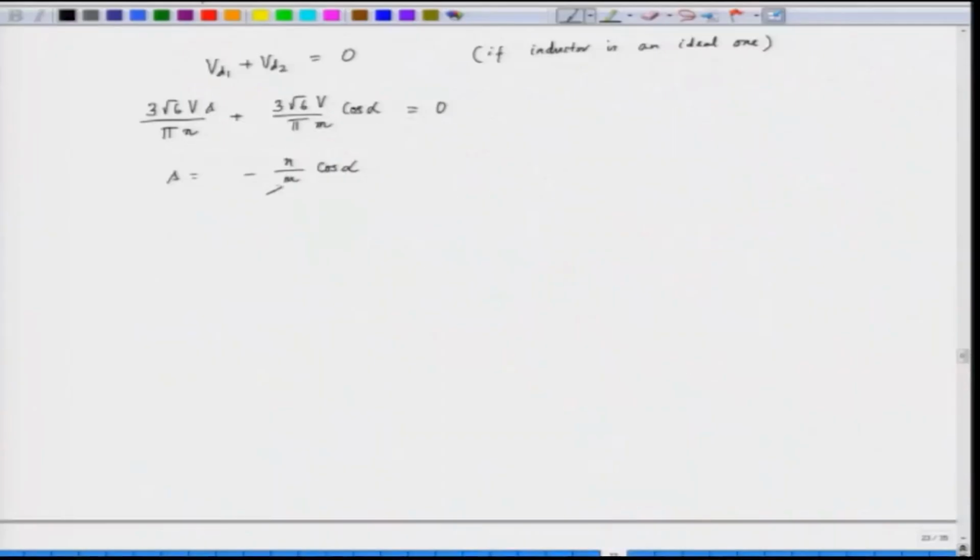Now, if we want to design the transformer of turns ratio M, what should be the turns ratio M here? What is S max here? S max is nothing but N by M into cos alpha max. So, the maximum value of slip is equal to N by M into cos alpha max. What is the range of alpha?